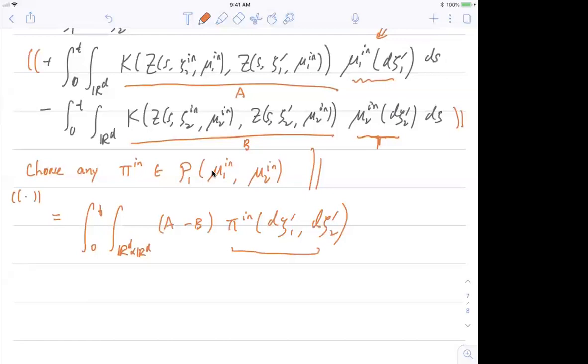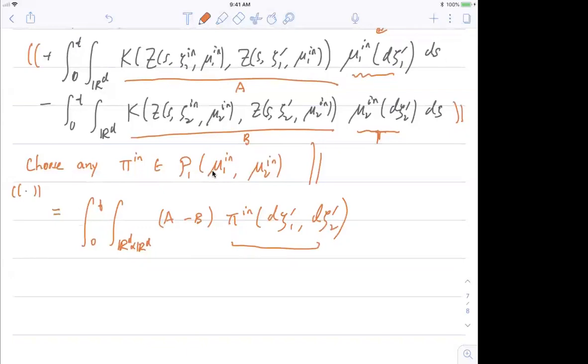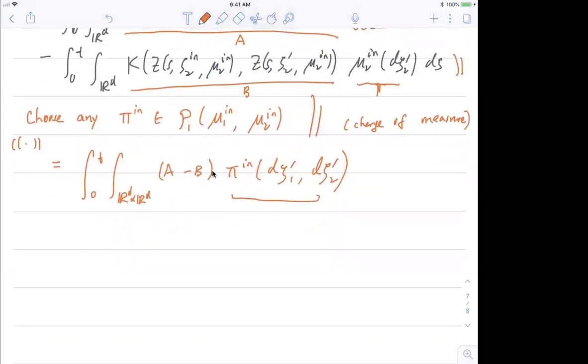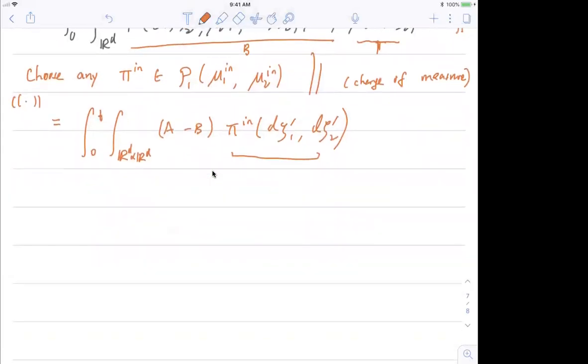So we can write the original difference of two integrals as the integral of the difference. This is just a change of measure. Okay, so now we get the nice form.